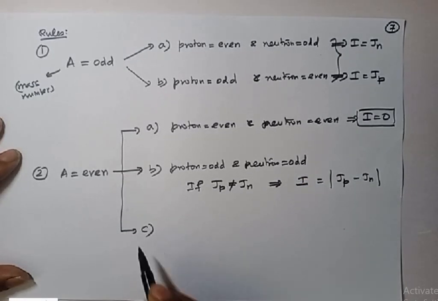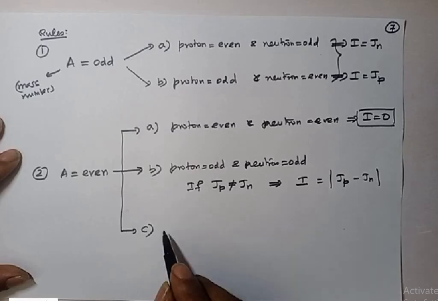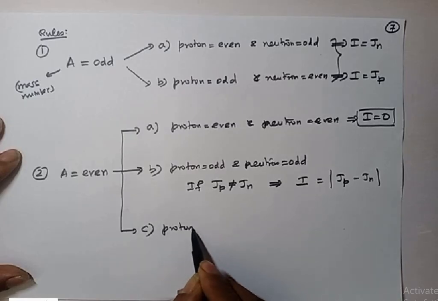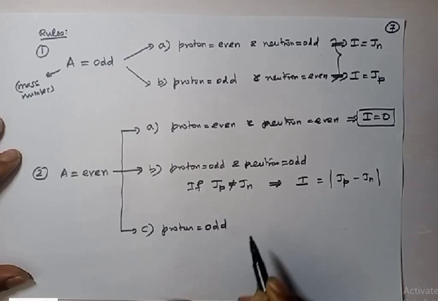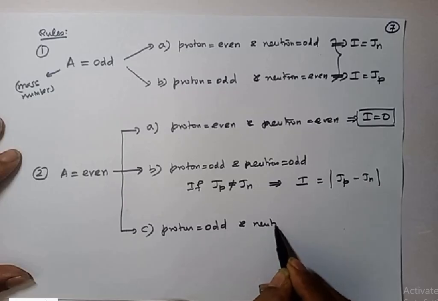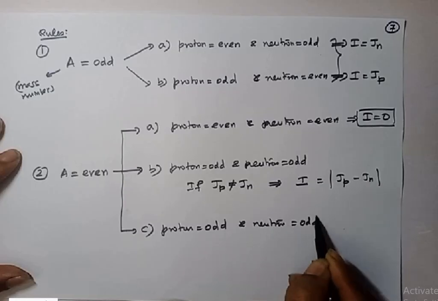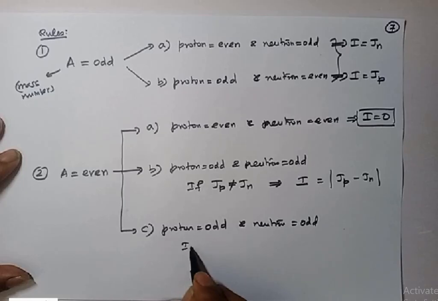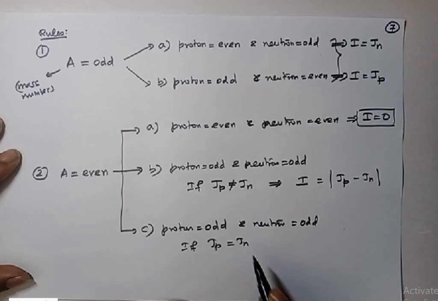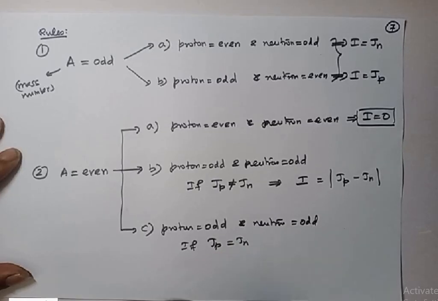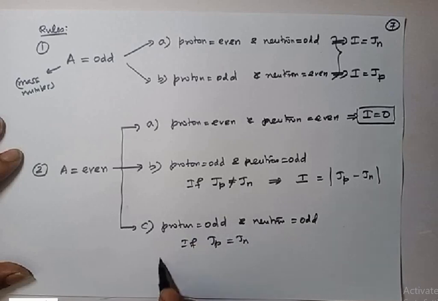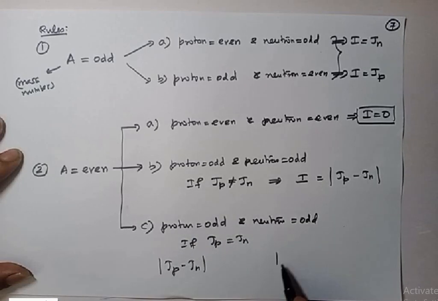That magnitude will give you the value of I. Then, the last case is interesting. Listen, the proton number is odd and the neutron number is also odd. But if the angular momentum due to proton and the angular momentum due to neutron are equal, in this case, you take the magnitude of Jp minus Jn and the magnitude of Jp plus Jn.